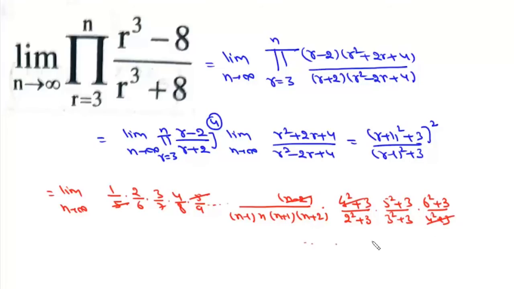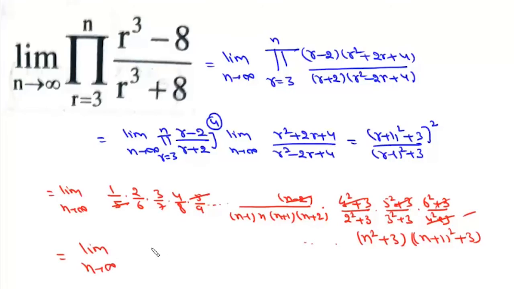So in the end, we'll have n square plus 3 and n plus 1 whole square plus 3, and all those terms, they'll cancel. So we'll get this as limit n tends to infinite.